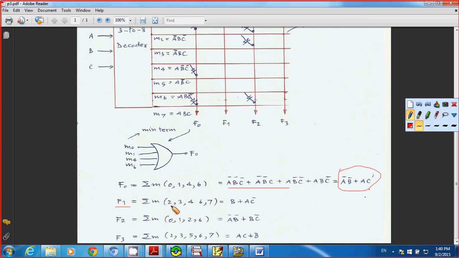You have min-terms M2 line, M3 line, M4 line, M6 line, and M7 line. After I simplify all the equations together, I end up with your F1 in terms of input as B OR with A AND C complement. And you check by yourself for the rest, for F2 and for F3.